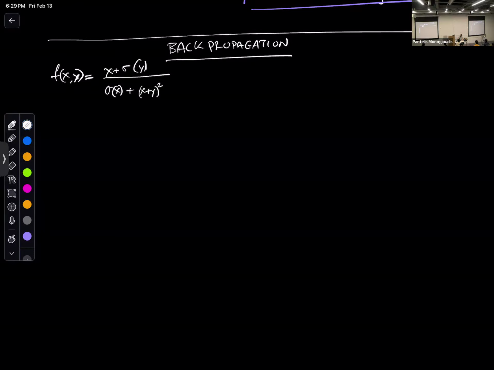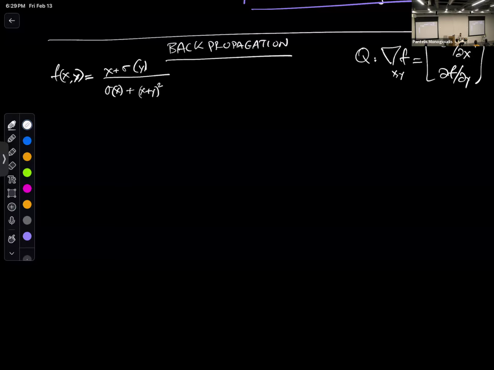That is basically the function. And I'm asking you the following question: give me the gradient of f with respect to x, y, which is the partial derivative of f with respect to x and the partial derivative of f with respect to y. I hope no one is surprised by that question.